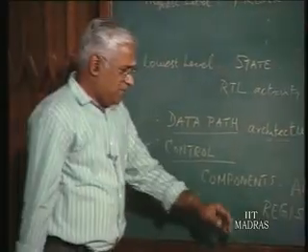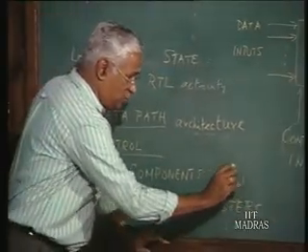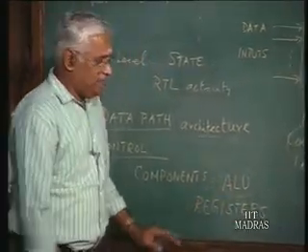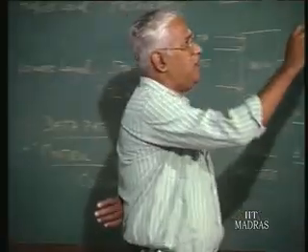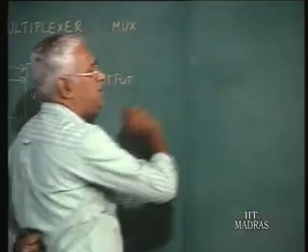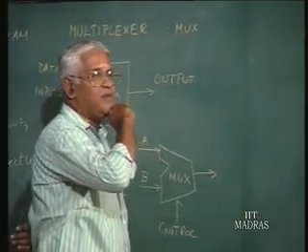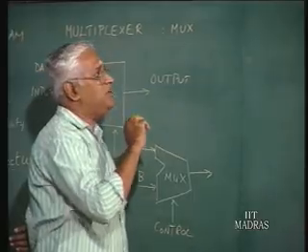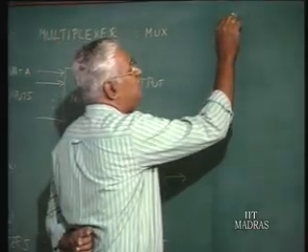Similarly, let us take a look at this ALU we have been talking about earlier. The ALU is the arithmetic logic unit, that is a unit which is capable of performing a set of arithmetic functions and a set of logic functions.